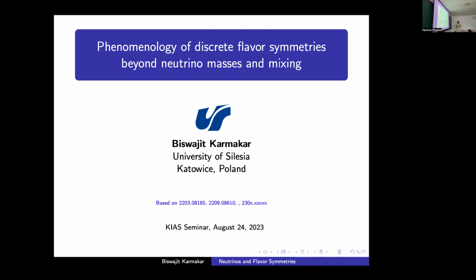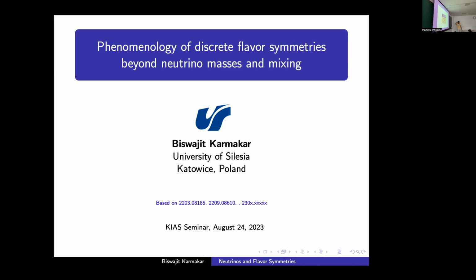If you try to enhance this residual symmetry, they have found that some of the heavy neutrino states decay late. So you can see that for specific values, when the residual symmetry is enhanced, there is a chance to detect these right-handed neutrinos when they are a few hundred GeV.